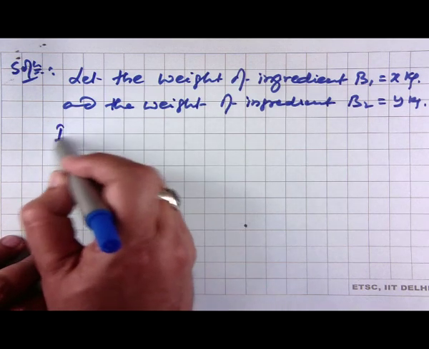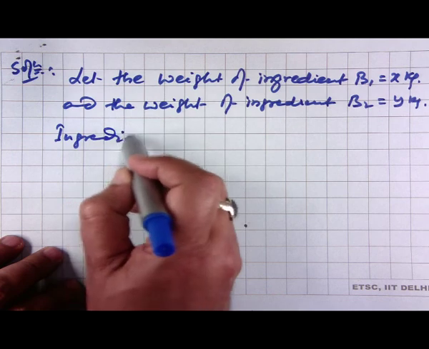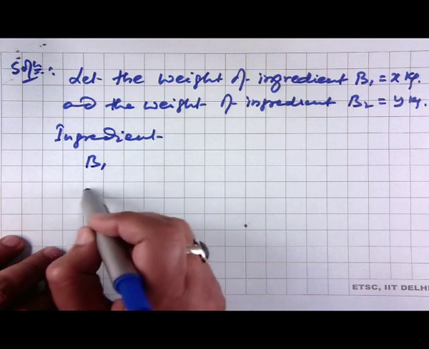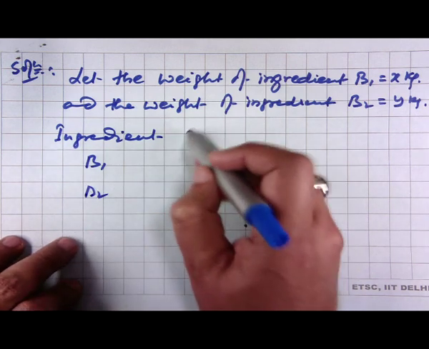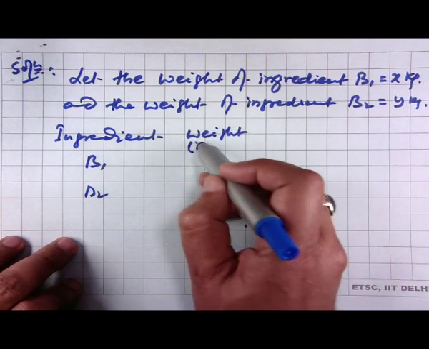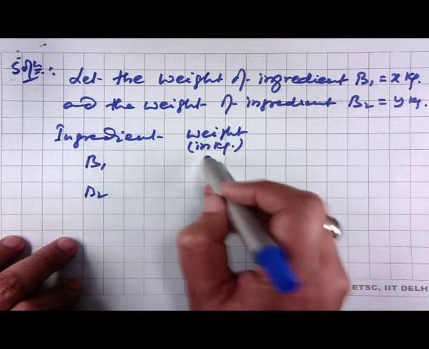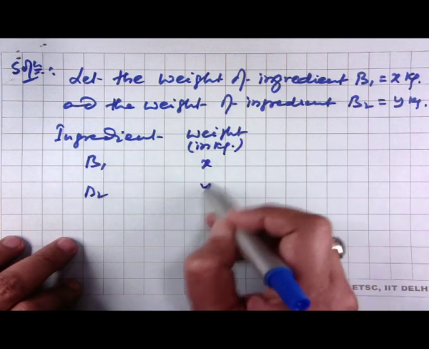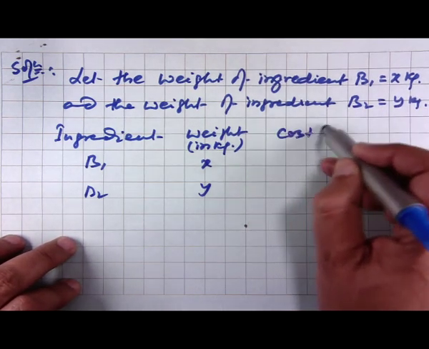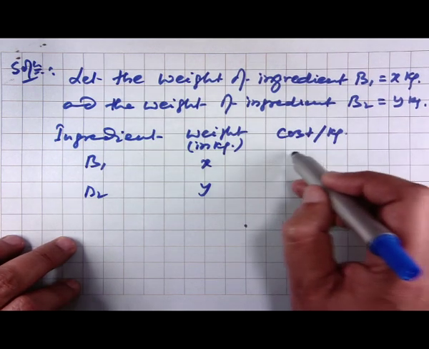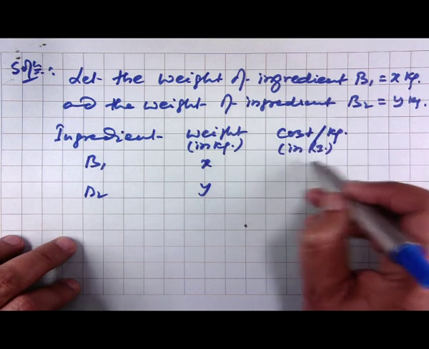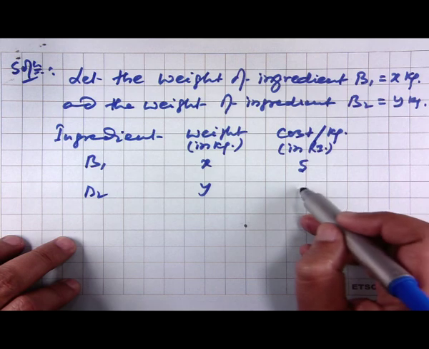So we have two ingredients B1 and B2, and weight in kg is given as x and y, which we have already taken, and cost per kg in rupees is 5 and 8.